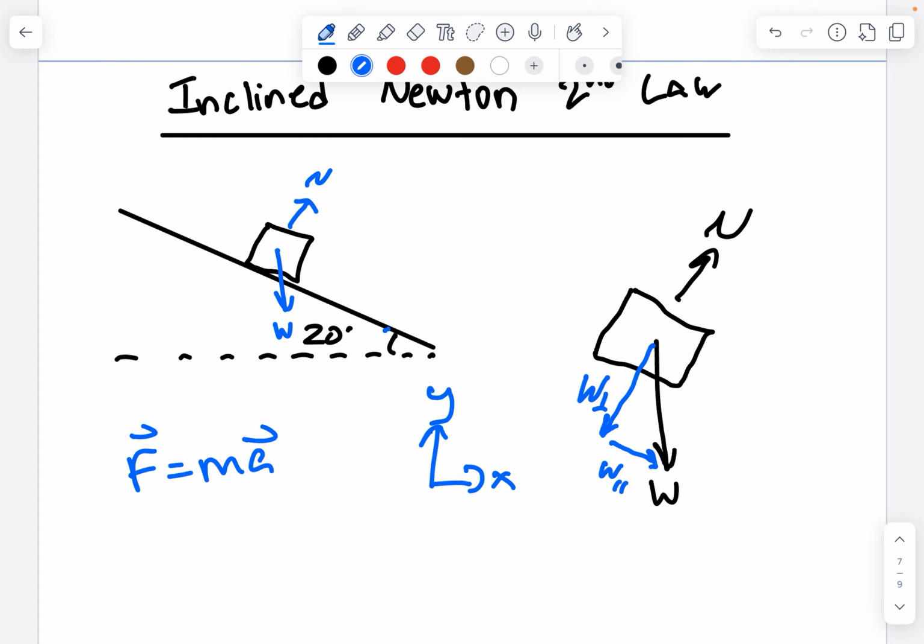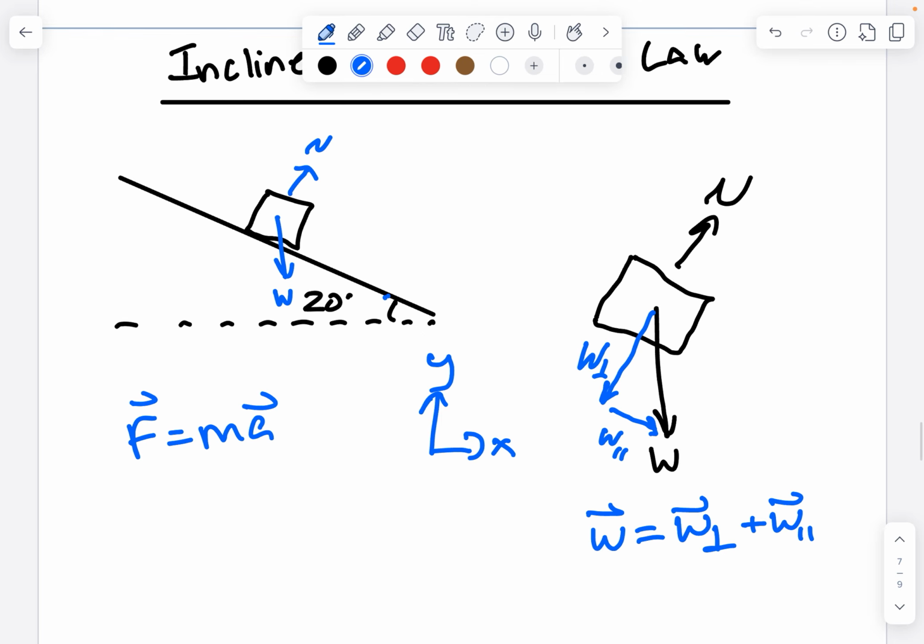So now we have weight force is equal to W perpendicular plus W parallel, and that is just basic vector addition that you hopefully learned in math class. This is how we can take any angled object, split it up into components, and solve from there. However, we don't actually know what weight perpendicular and weight parallel are, so that is where we account for the angle.